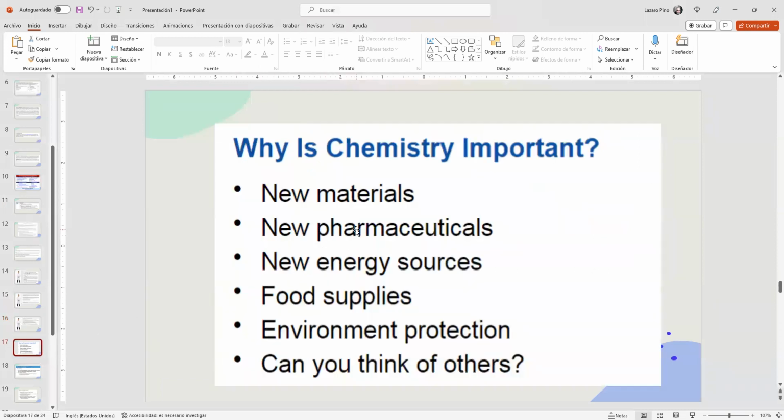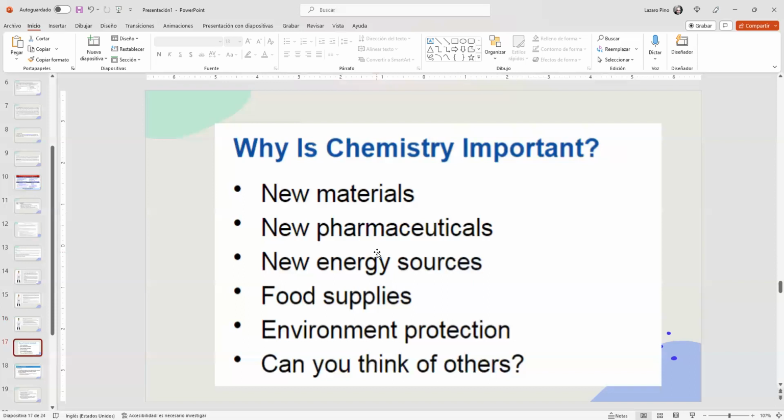Well, why is chemistry important? Well, because everything around you is a chemical. The new materials, the new medicines, the new energy resources, the food supplies, the environmental protection, everything depends on chemistry.